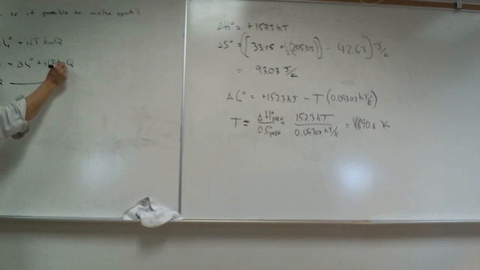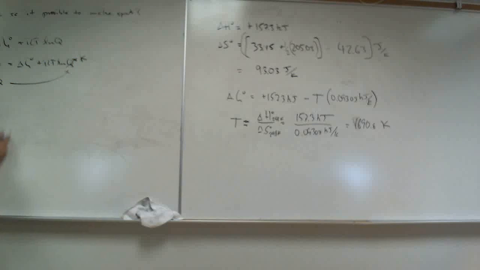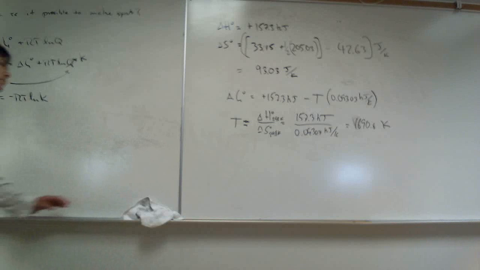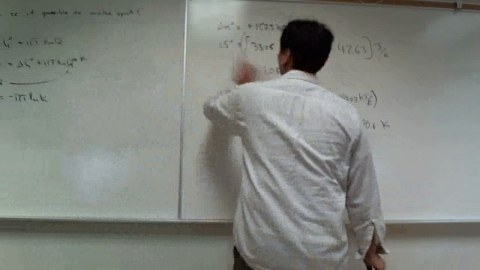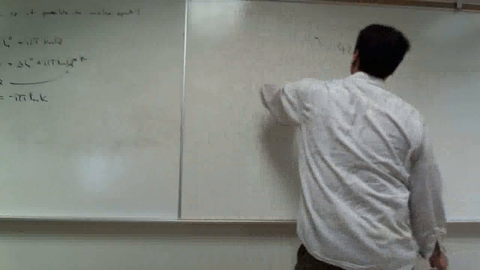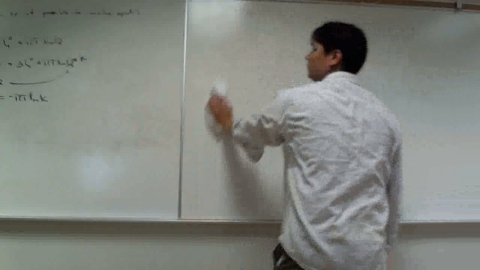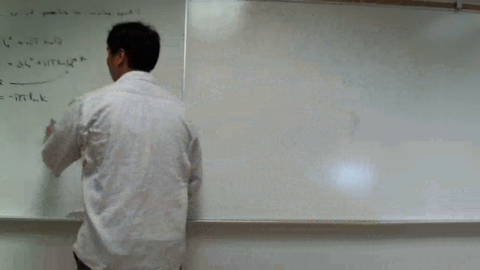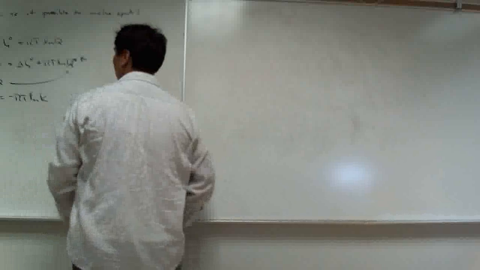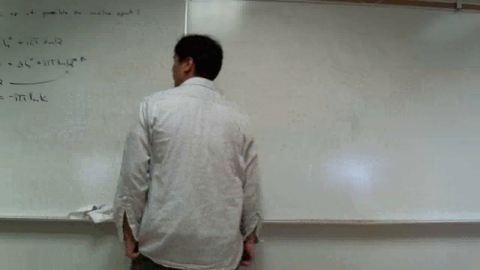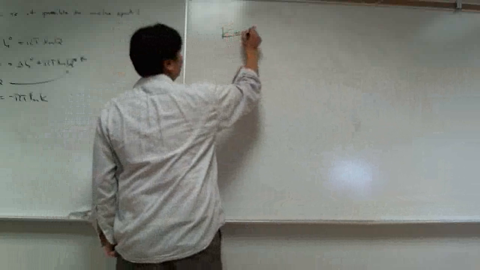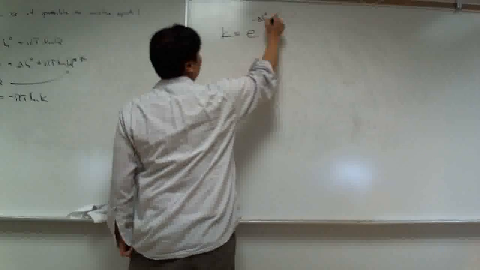And at equilibrium, Q goes to K. And so we get delta G naught is equal to minus RT ln of K. So what we're going to do here is solve for K. K is equal to e to the minus delta G naught over RT.